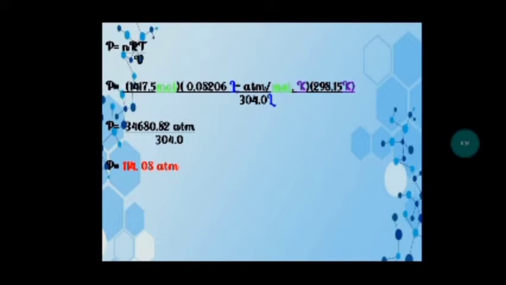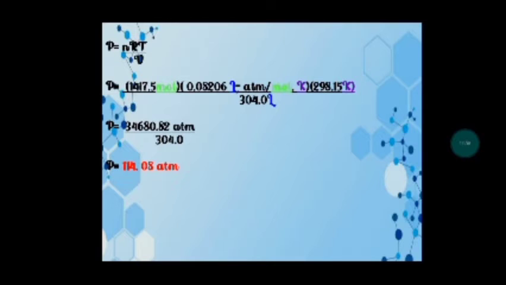So multiply 1,417.5 by 0.08206 and 298.15. It comes up to 34,680.82 atm, because the mole cancels out since it's the same unit, and also the Kelvin.